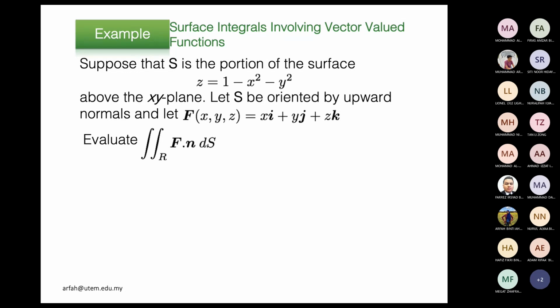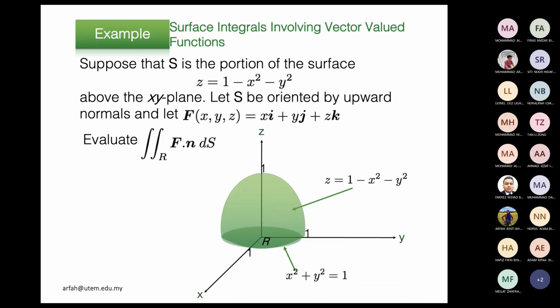And let S be oriented by upward normals, and let the vector F as a function of x, y, and z be given by xi plus yj plus zk. So evaluate the surface integral of vector F multiplied with vector n, integrated with respect to the surface over the bounded region R.